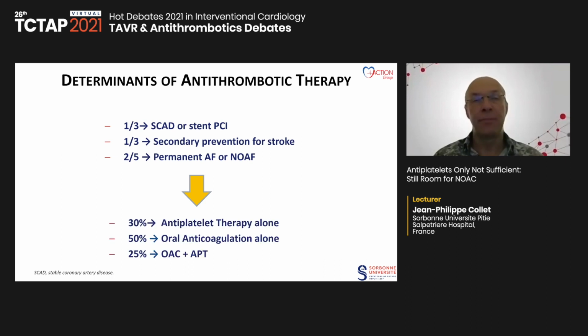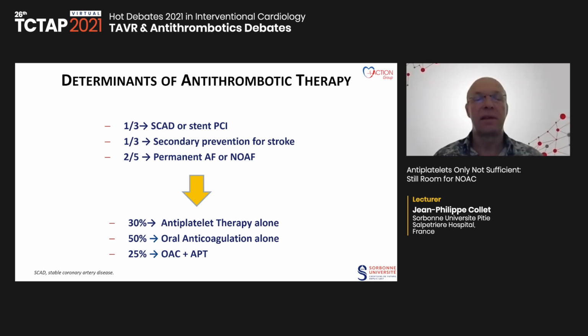And at the end, if you look at the entire TAVR population, around 1/3 to 50% should be exposed to oral anticoagulation, and the remaining potentially to antiplatelet agents. The question here is whether NOACs may replace antiplatelet agents when there is no indication for oral anticoagulation. And the second question is whether NOACs would be better than VKA.